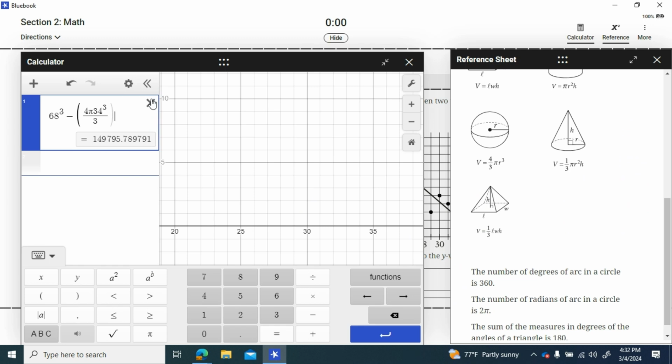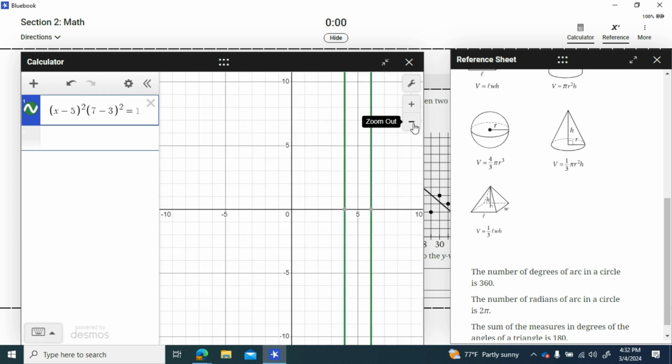and type it into the calculator. (x minus 5) squared plus (y minus 3) squared equals 16. And take a look at your circle.